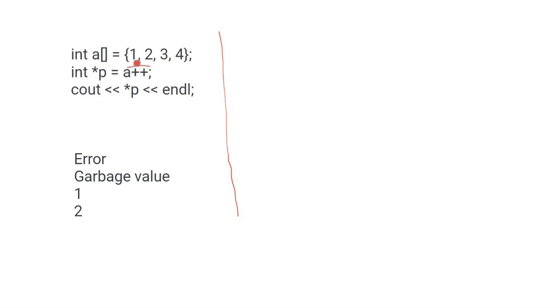See, on the second line there is a statement a plus plus. Actually a plus plus is an invalid statement. We know that a is an array, and in the symbol table we have an entry corresponding to a. It is an integer array and it would have some address, let's say 200. I am taking this address hypothetically.